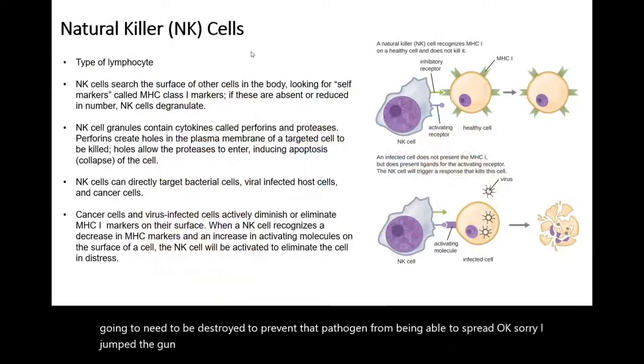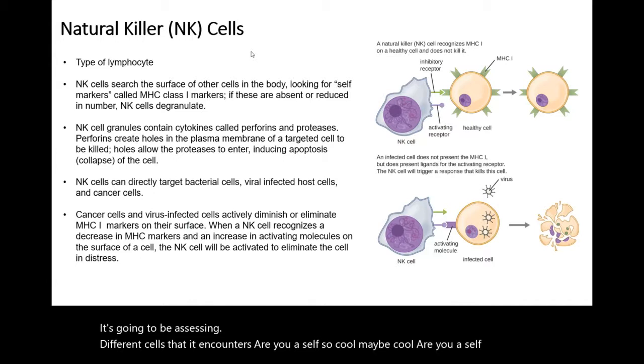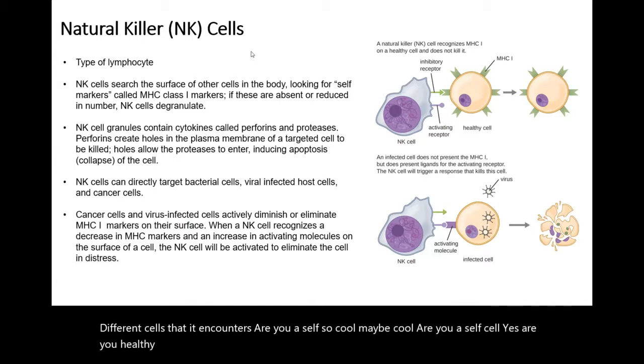All right, so the natural killer cell is a type of immune cell. And again, it's going to be assessing different cells that it encounters. Are you a self cell? Cool. Are you healthy? Which means, do you have the MHC1 markers? If the answer to that is yes, then cool, go on your merry way.